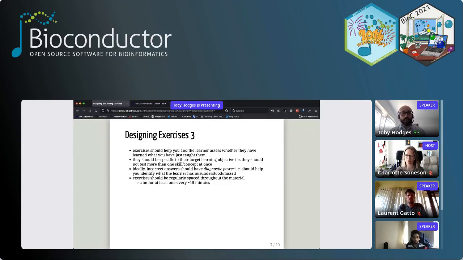And so the idea with having blanks in a fill in the blanks exercise, for example, or having multiple answers that you can choose between in a multiple choice question, is that the ways in which they could answer it wrong can also tell you something about what they have misunderstood, or in what way they have misunderstood what it was that you were teaching them, because that allows you to much more efficiently and effectively fix that misconception if you're teaching in a workshop. And also it gives you some other information.